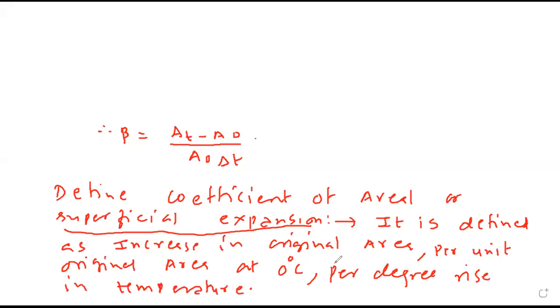This line means per unit original area at 0 degrees Celsius per degree rise in temperature.